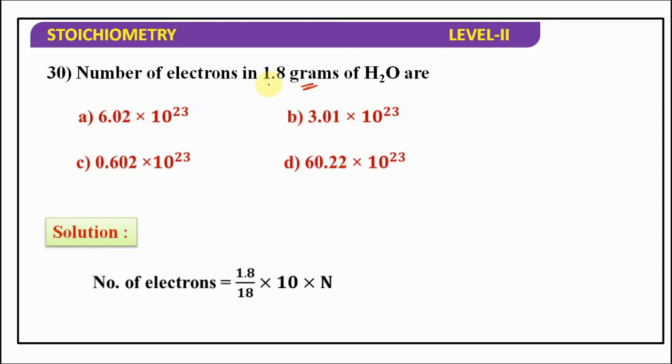Weight is 1.8, molecular weight is 18. Hydrogen has 1 electron, 2 hydrogen atoms are there, 2 into 1, plus oxygen has 8 electrons, so 10 electrons, into Avogadro number. If you solve it, you will get 6.022 into 10 to the power of 23. Understood? Is that clear for you?